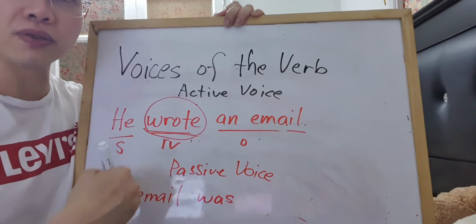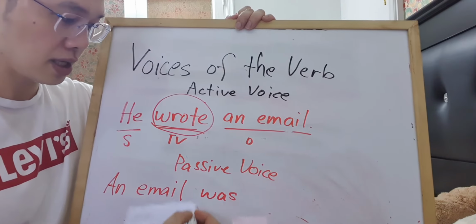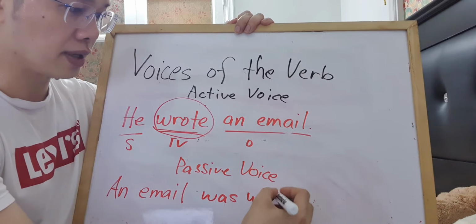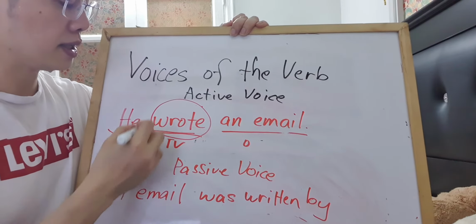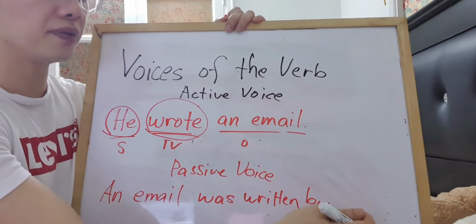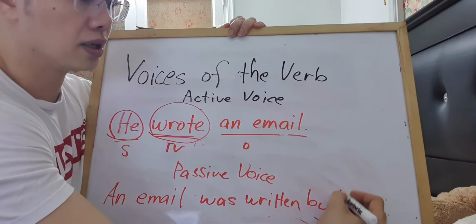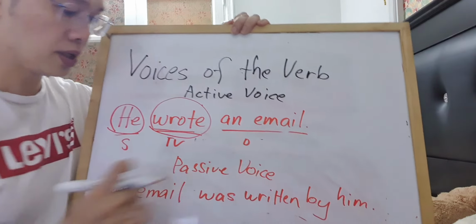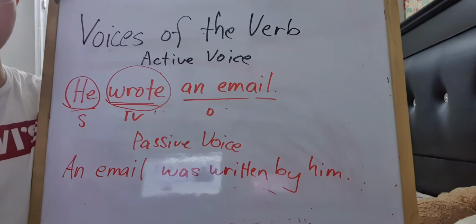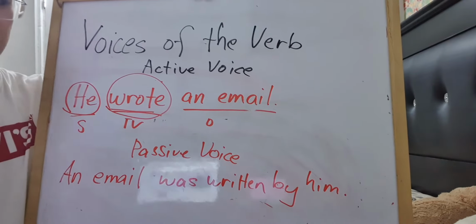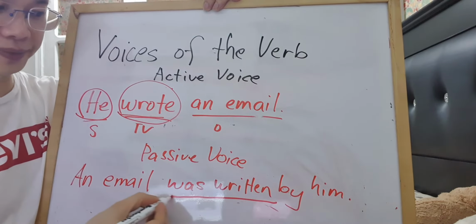How do you conjugate? Write, wrote, written. So you have written after. Then by, since you have the subjective form here, you will have the objective form of he, which is him. So an email was written by him. There you go. That easy.